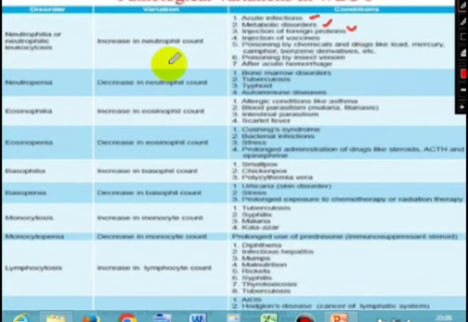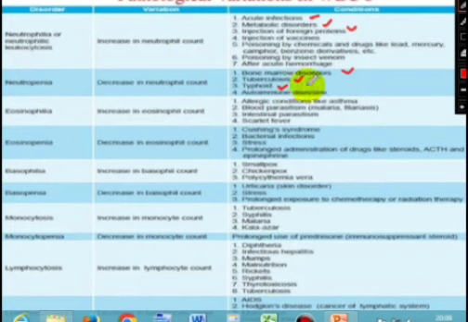The neutrophil count increases in such situations. However, neutropenia refers to decrease in neutrophil count. And this can be seen in bone marrow disorders, tuberculosis, typhoid, and autoimmune diseases.